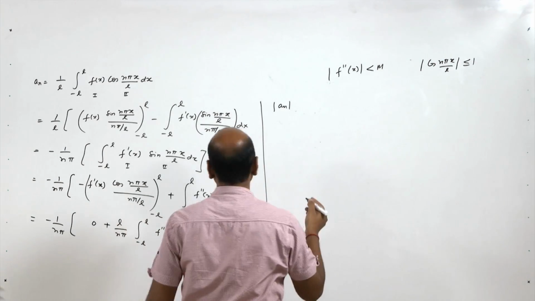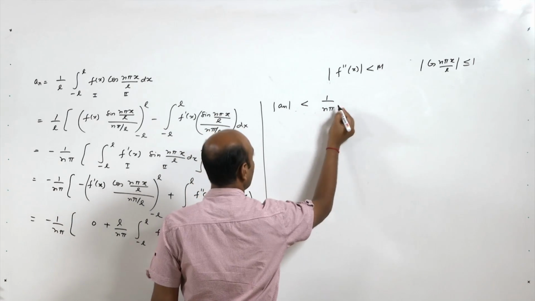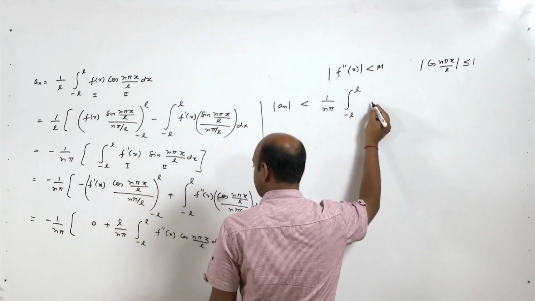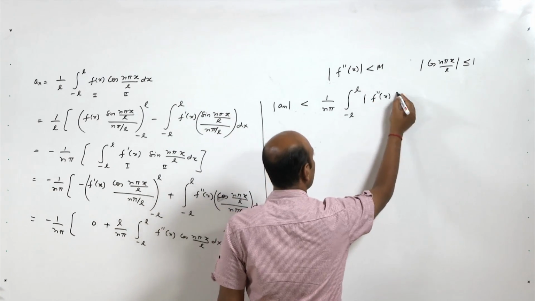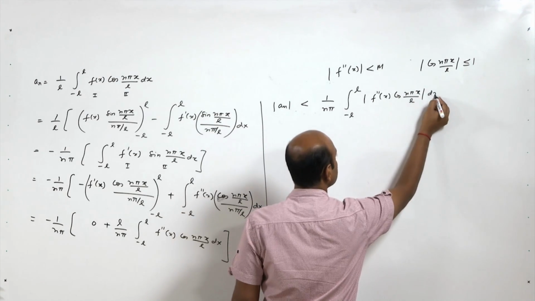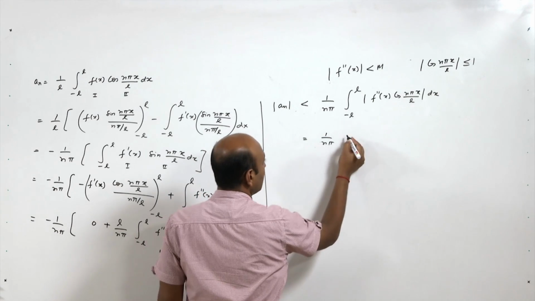So, mod of a_n will be strictly less than 1 upon n pi integral from minus L to plus L. We can take the mod inside: mod of f double dash x into cos n pi x by L into dx, which is equal to 1 upon n pi.